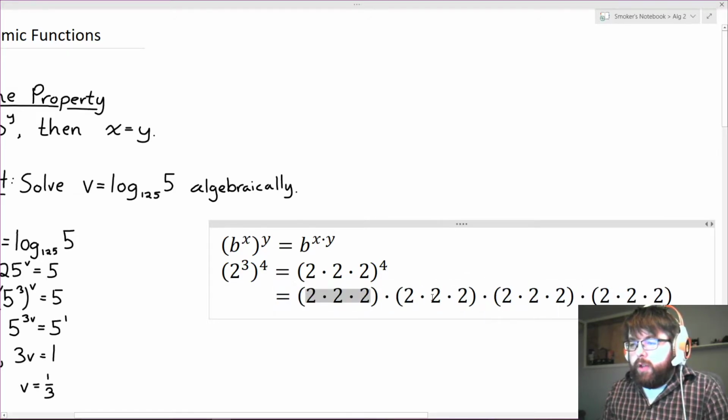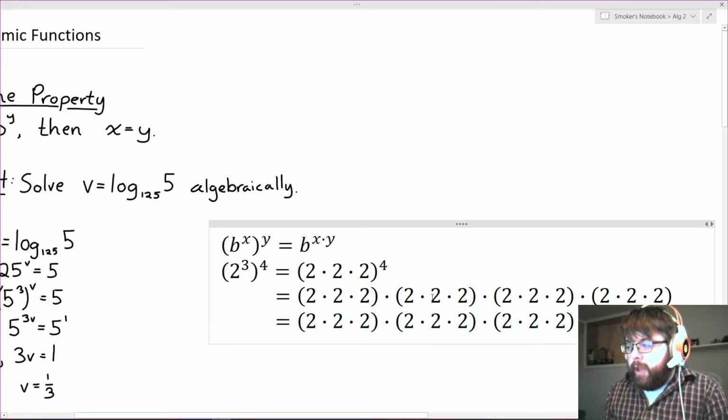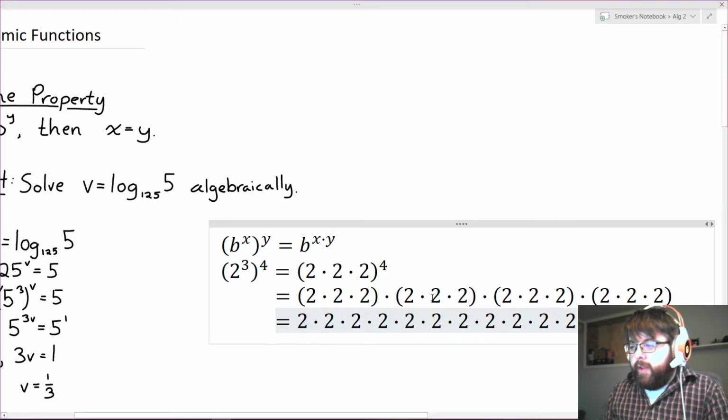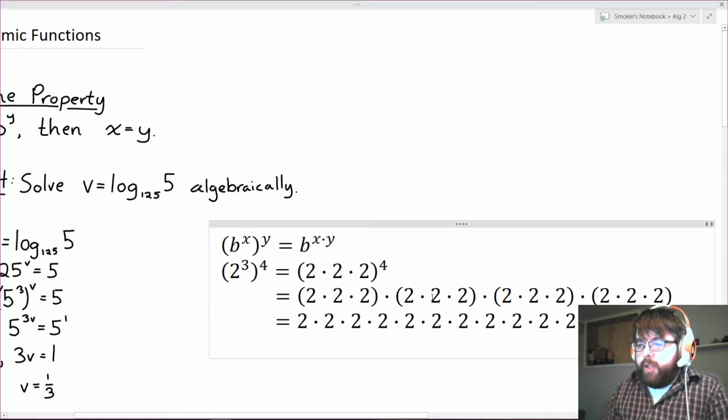Actually, maybe I should do that in a new line. Okay, so I'm going to just drop the parentheses out of each of these. And I have 12 2's. Parentheses no longer matter. Everything's multiplication, order of operation holds.